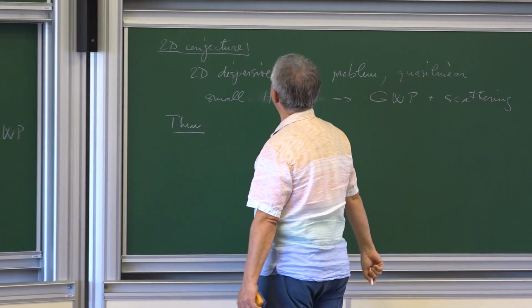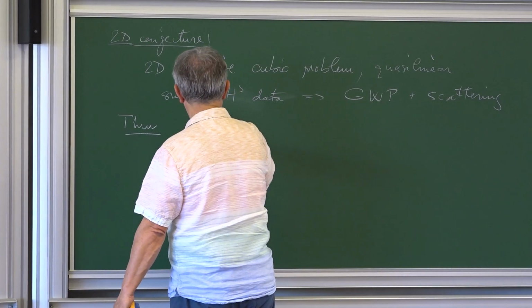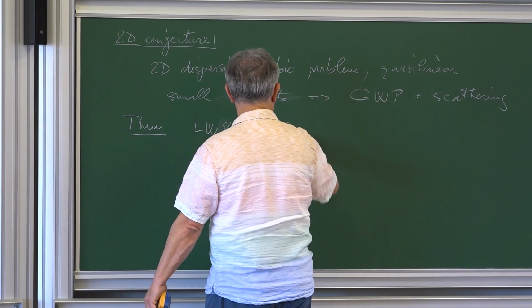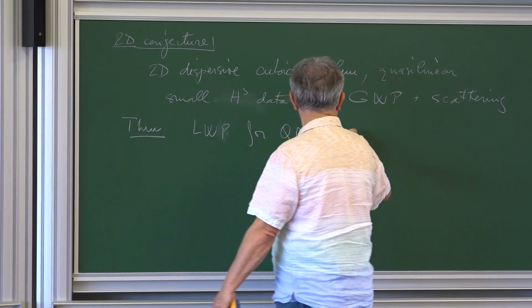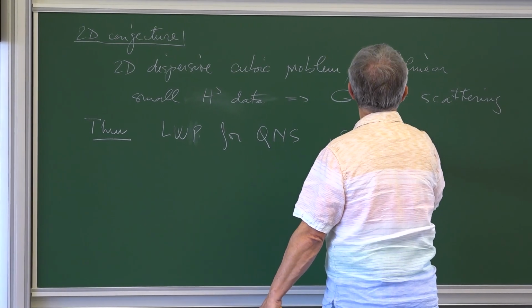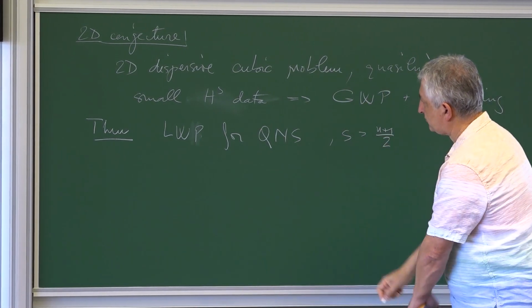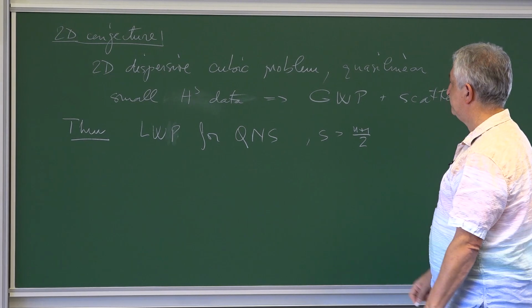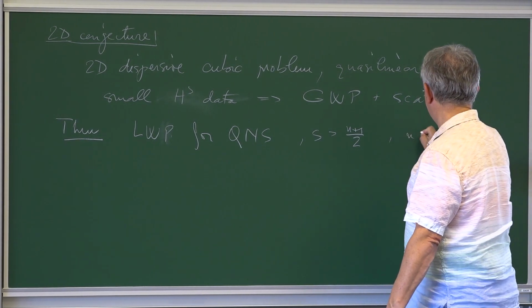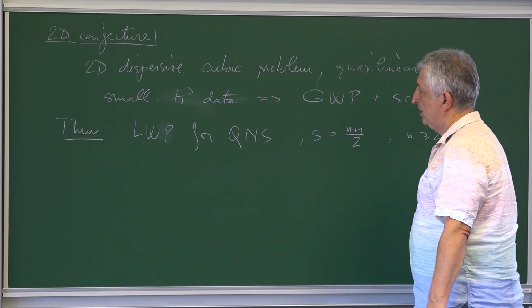So the first theorem says that we have local well-posedness for QNLS, for s greater than (n+1)/2, where n is greater than or equal to 2.